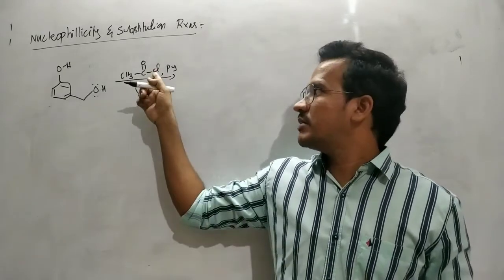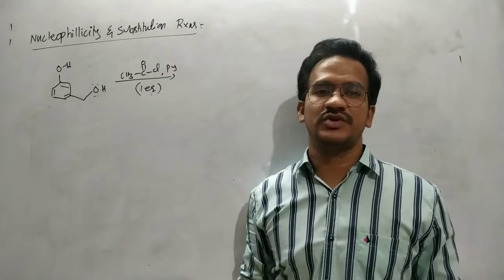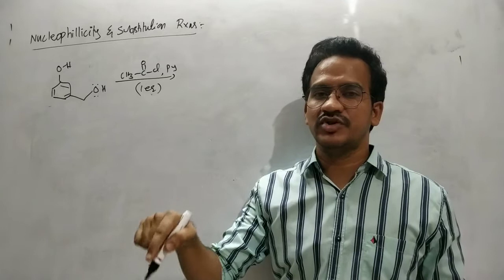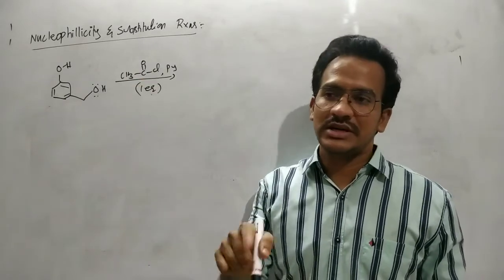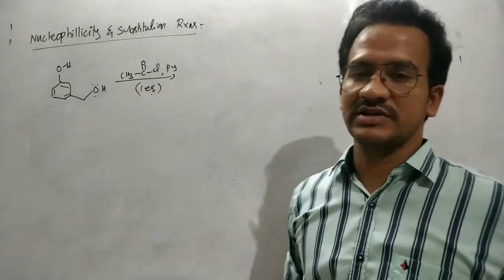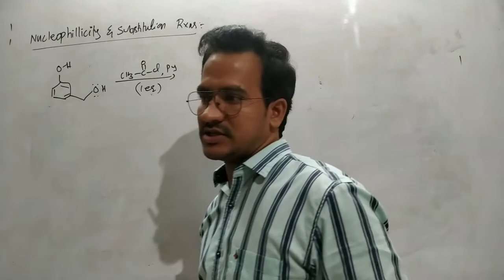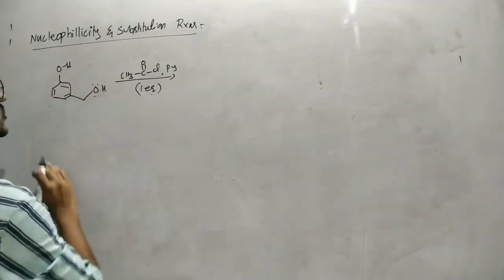For example, Cl minus is replaced by another nucleophile. This substitution occurs on the acyl carbon, which is an sp2 carbon. Nucleophilic substitution on the sp3 carbon is aliphatic nucleophilic substitution, SN1 and SN2. Now in this case, this is the OH, this is the OH.